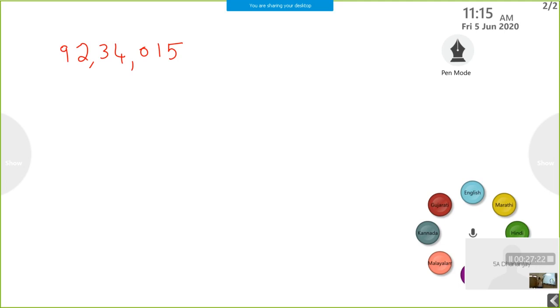Starting from the right hand, 5 belongs to which place? 5 belongs to the 1's place, so its place value is 5 ones. The question is asked for place value, so you can write either 5 ones or as a number, 5 into 1.